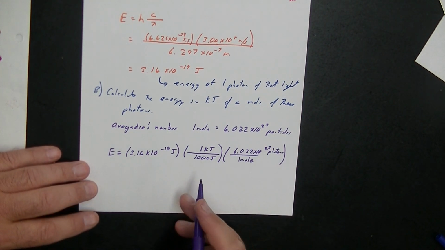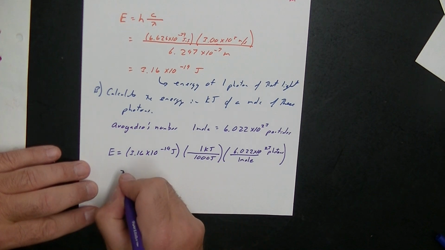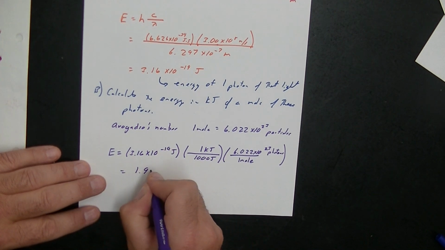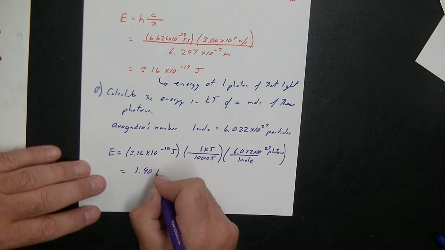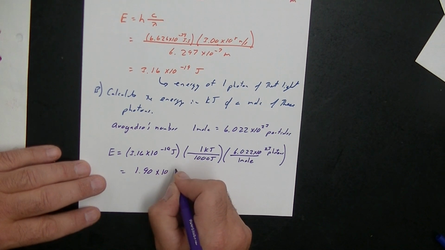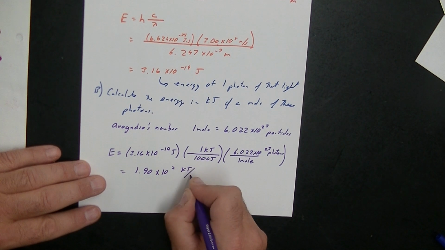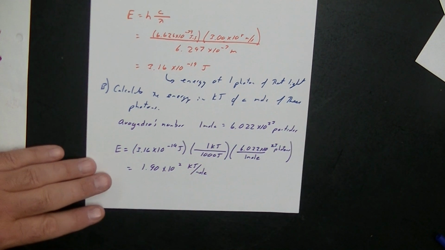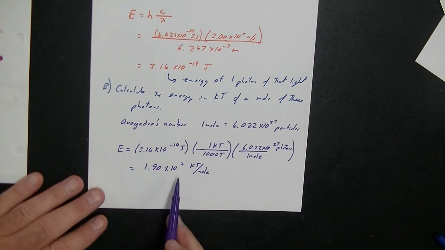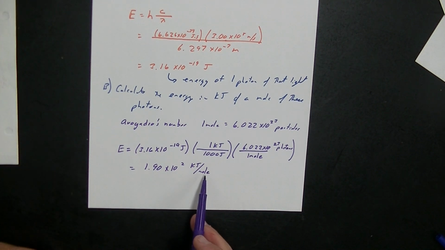And we multiply across, and it turns out that 1.90 times 10 to the second kilojoules per mole. Okay, that's how much energy you would have in kilojoules per mole of photons.